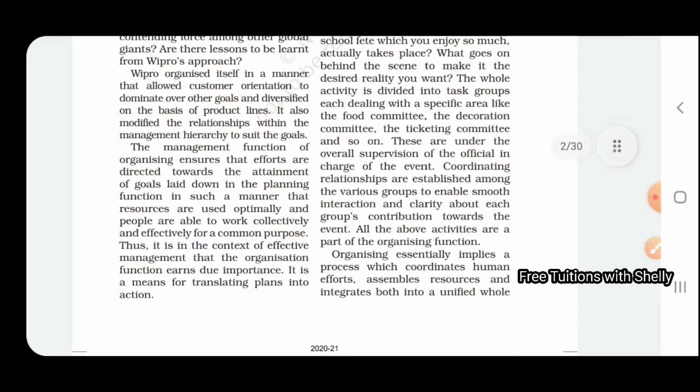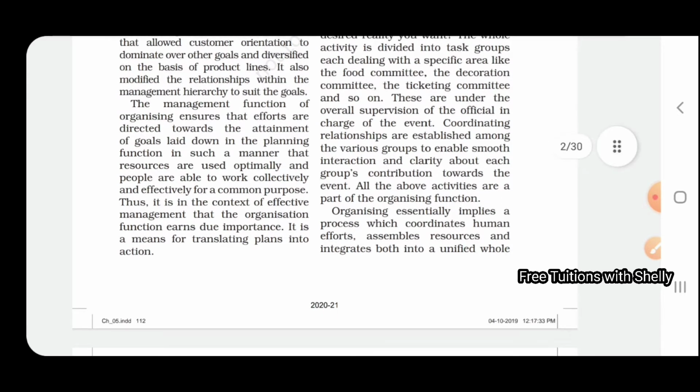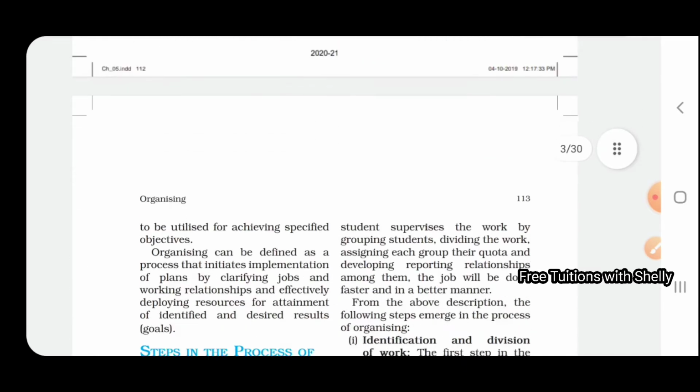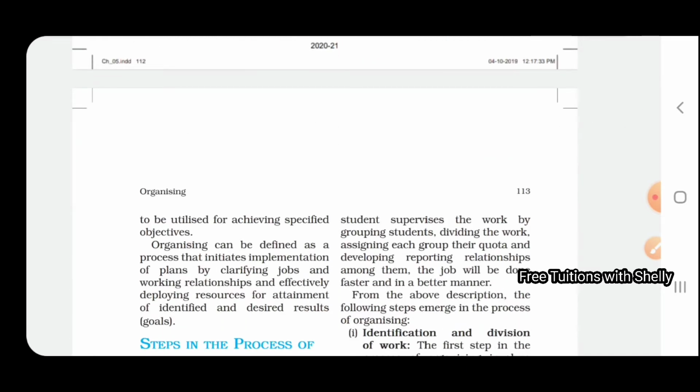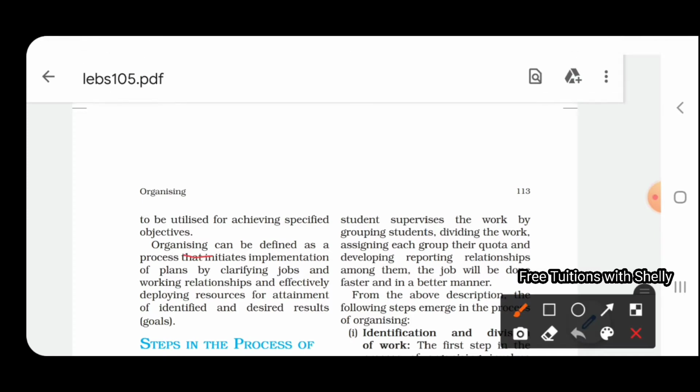It can be defined as the process that initiates implementation of plans by clarifying jobs and working relationships and efficiently deploying resources for attainment of identified and desired results. So organizing is a process of implementing the plan.